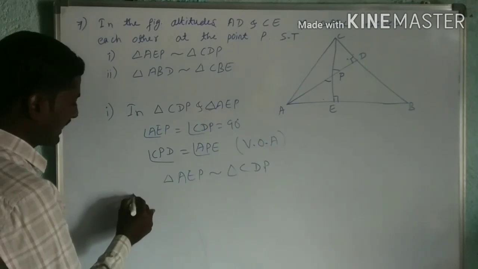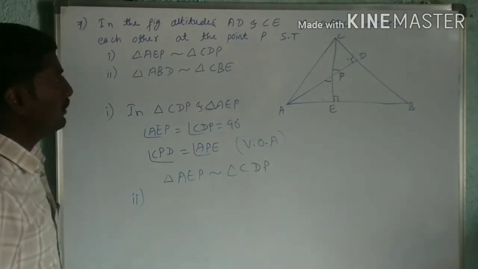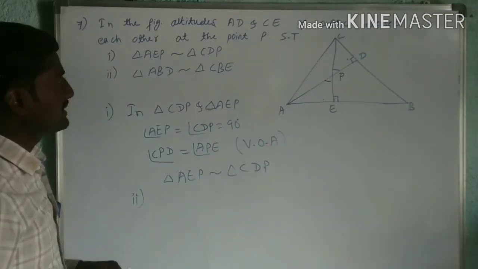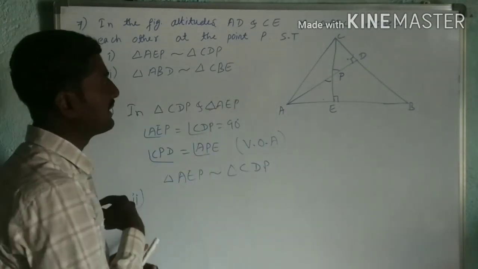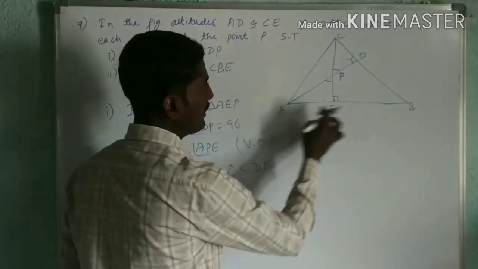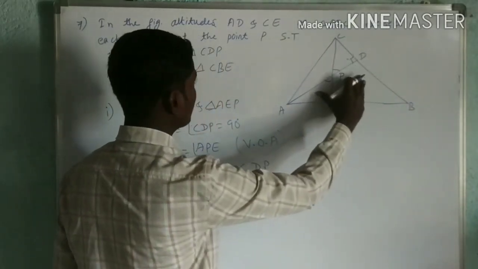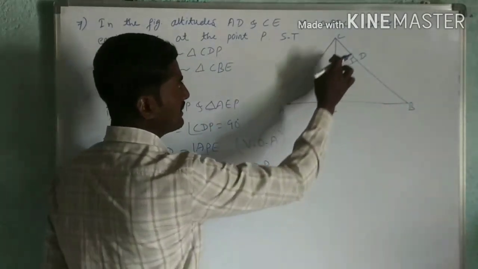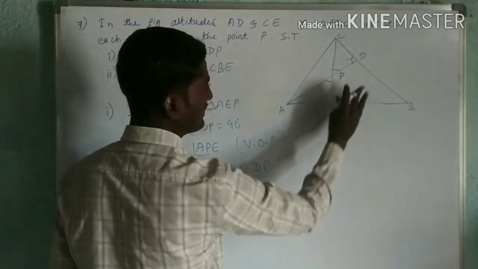Then I will go for the second one also. Now, ABD is similar to CBE. Where is that? ABD, this triangle, then CBE, this triangle.